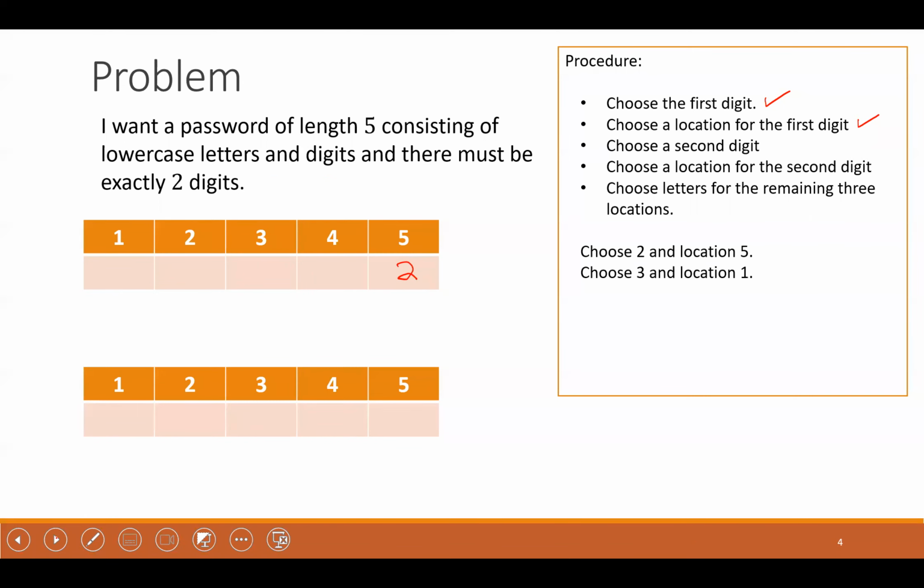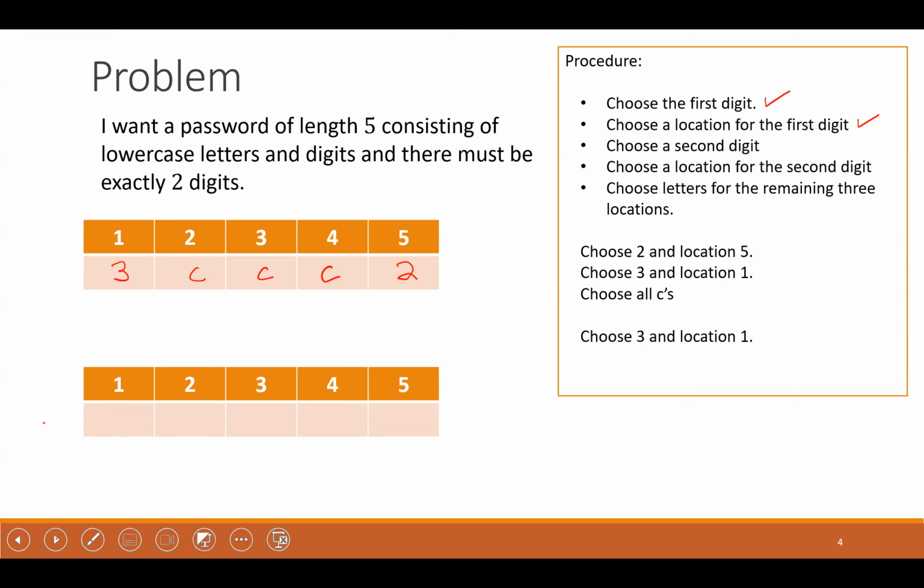The second thing I do is I choose my second digit and I choose the location, so I choose 1. And then I choose letters for the remaining 3 locations. I just choose C. All right, so I did the sequence of tasks in one way, and I got this string.